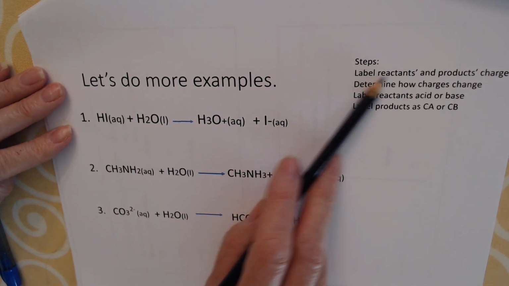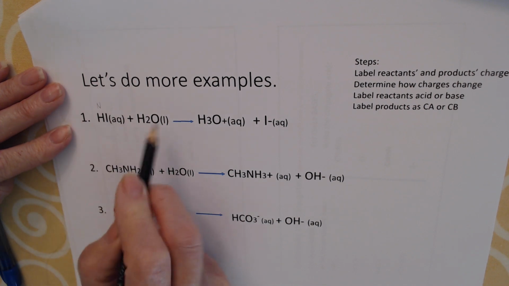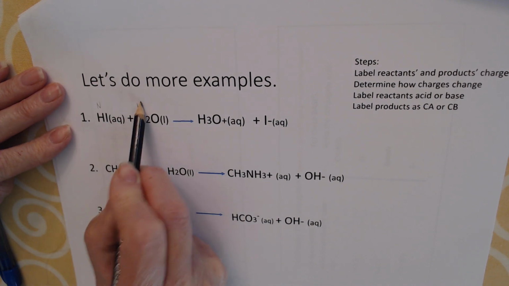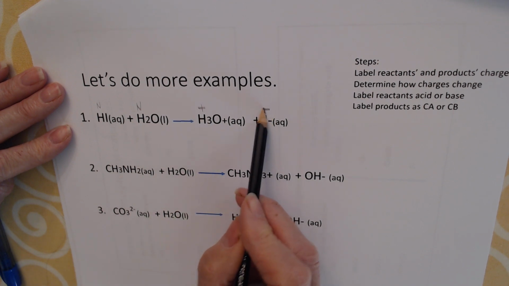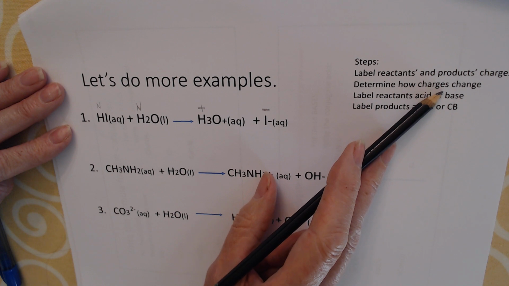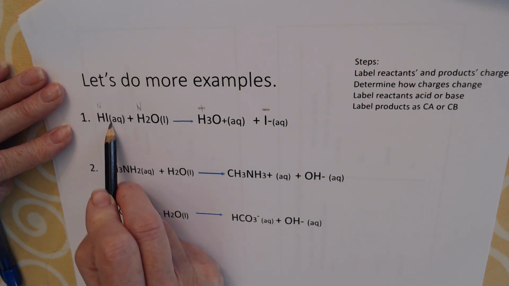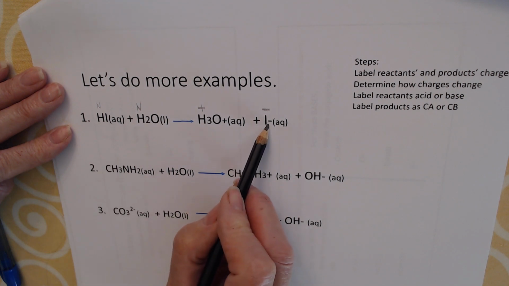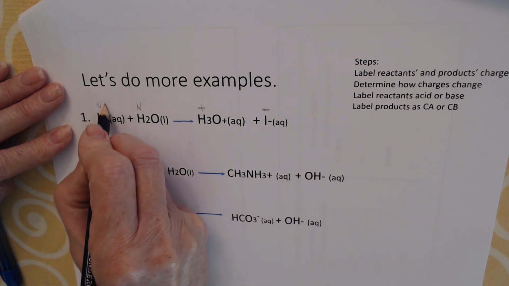Here's my steps. So first, let's label the charges. Neutral, neutral, positive, negative. Okay? Next thing we do is determine how the charges change. So my iodine goes from being neutral to being negative. So it has donated, hasn't it? Okay? And therefore, acids donate.